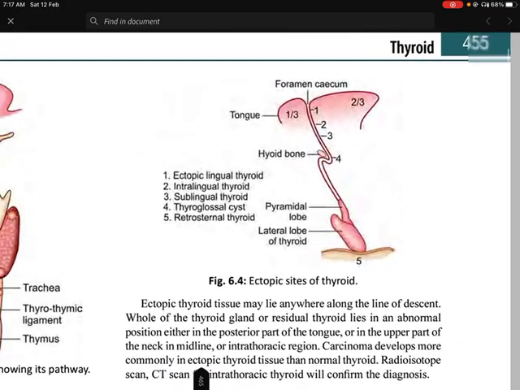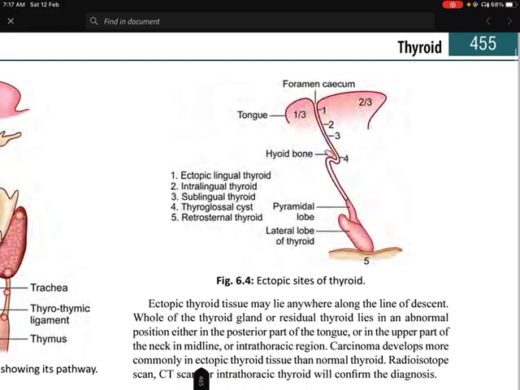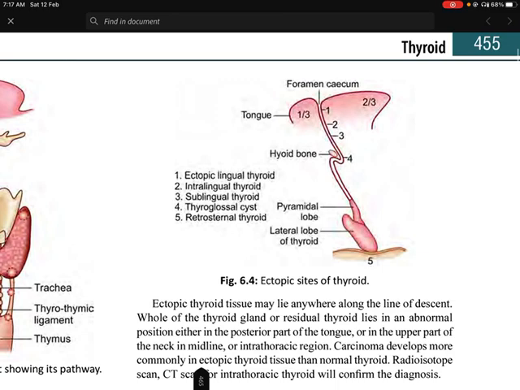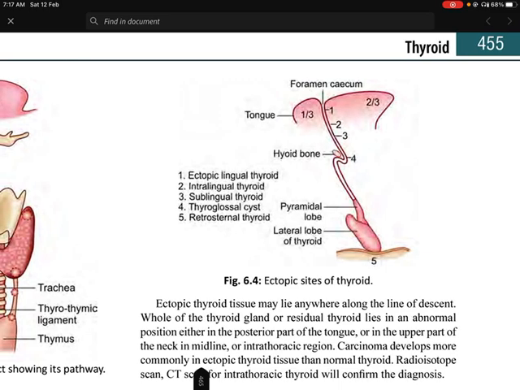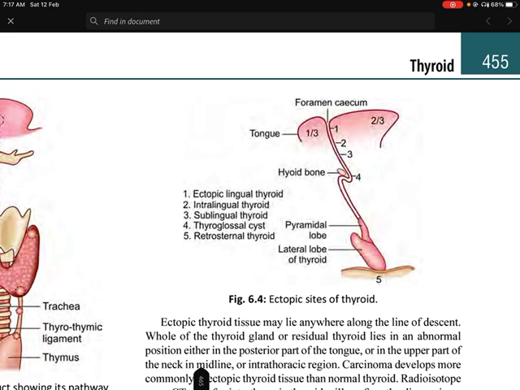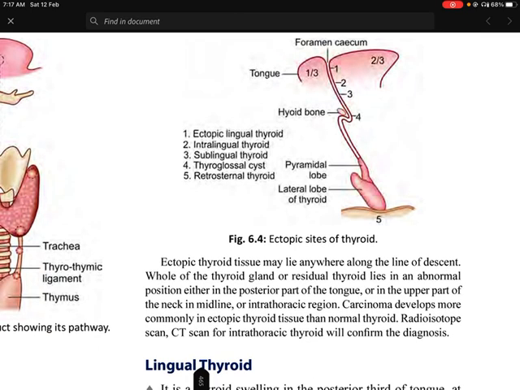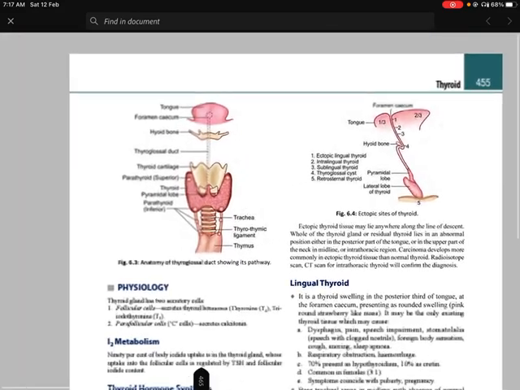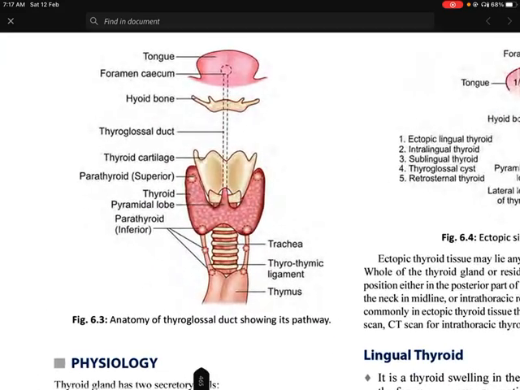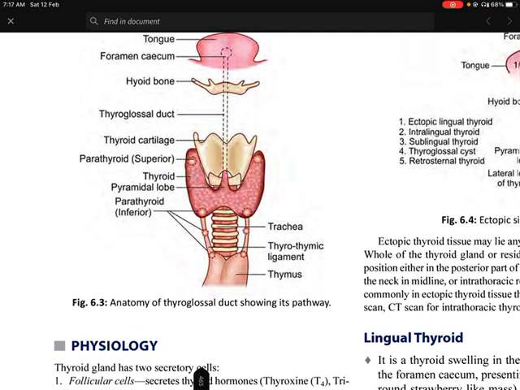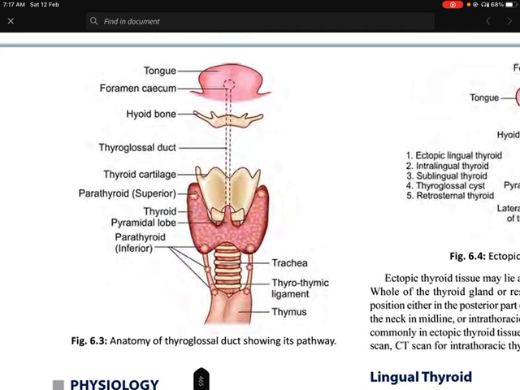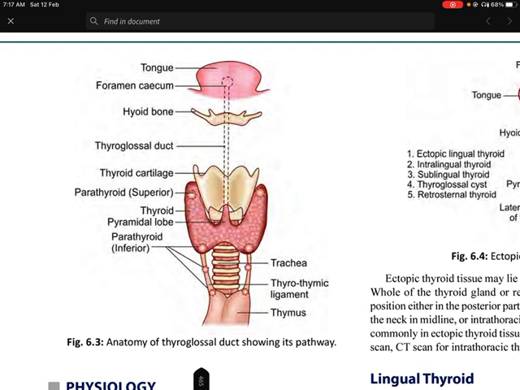We're just gonna look at the pictures. This is the one third of the tongue, the foramen cecum, and the two-third part of the tongue. This is a tract. This is the hyoid bone, which makes it come forward. And this is the pyramidal lobe and lateral lobe of the thyroid, and ectopic sites. In a coronal view, we have the tongue, the foramen cecum, the hyoid bone.